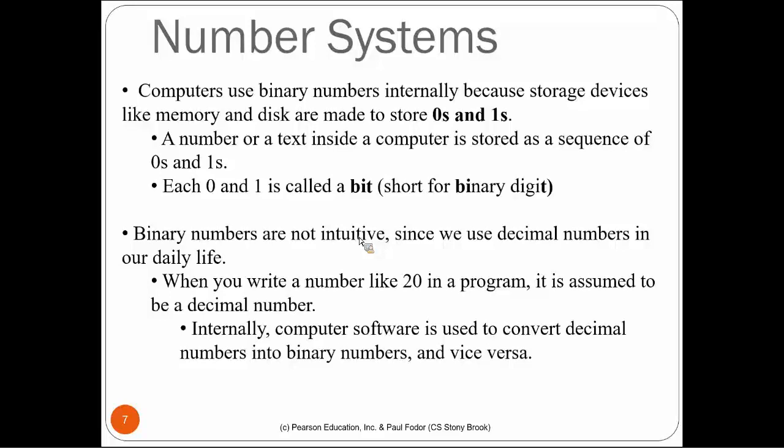When you write a number like 20 in a program, it is assumed to be a decimal number. It means digit 2 multiplied with 10 to the power 1 plus digit 0. So in total it's basically 20. Internally, the computer must convert any decimal into binary and vice versa when it outputs that number to us on an output device.